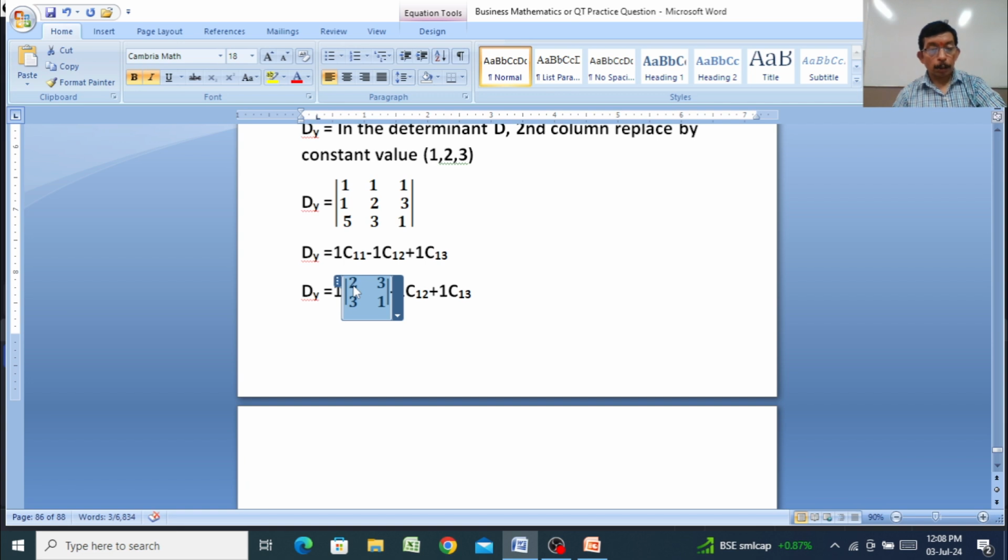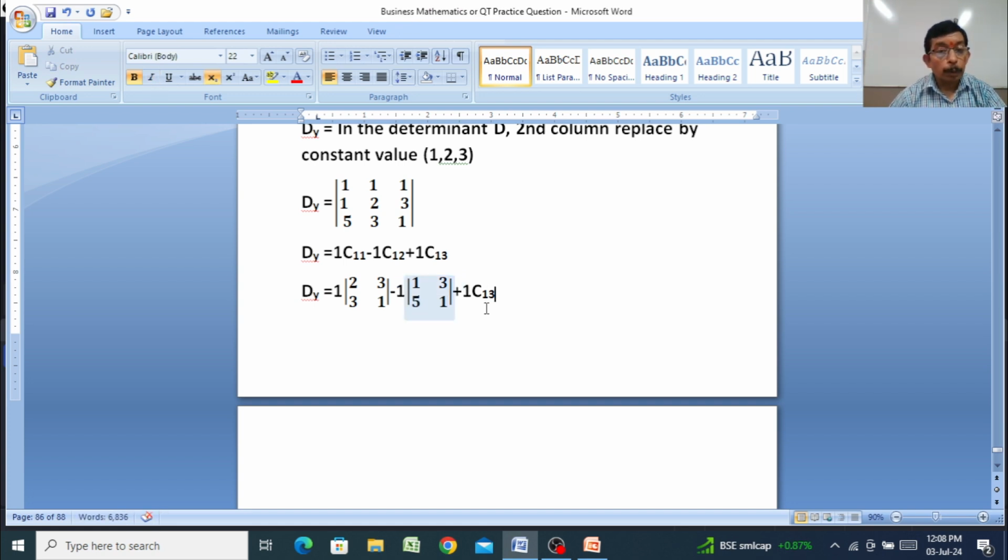C12 means the first row, second column element is eliminated, then the remaining elements are 1, 3, 5, 1. 5, 1 is the value of the 2 by 2 determinant.